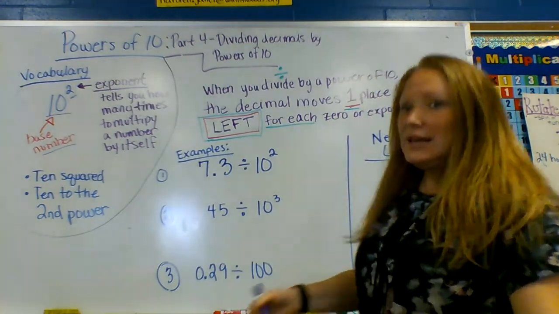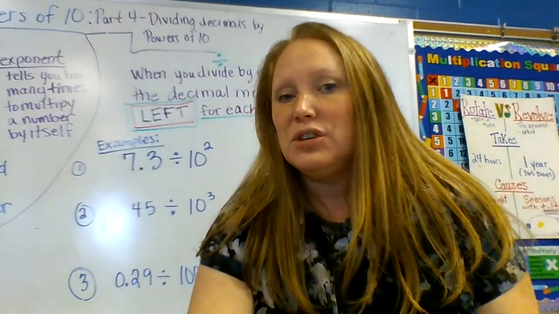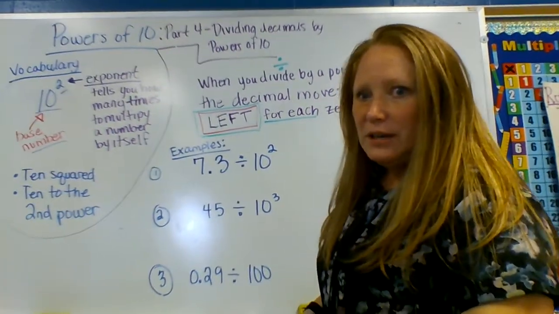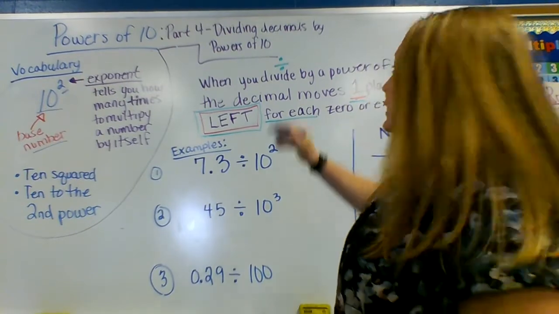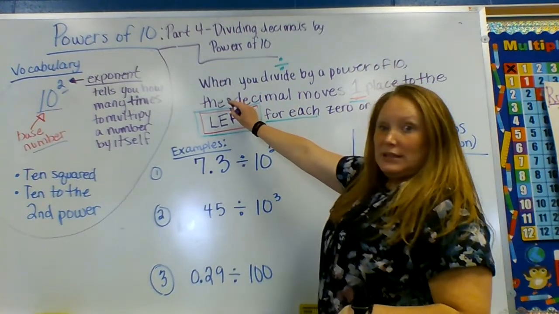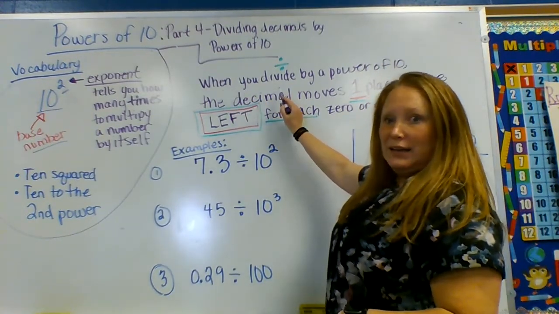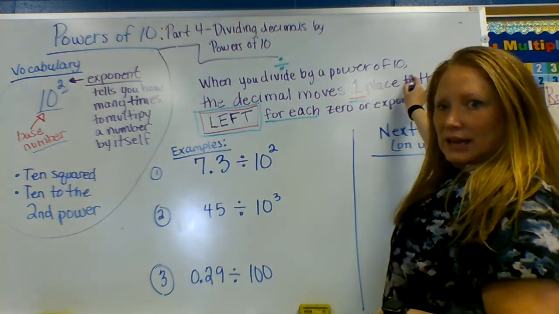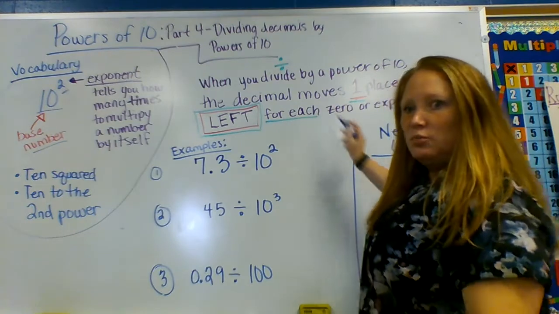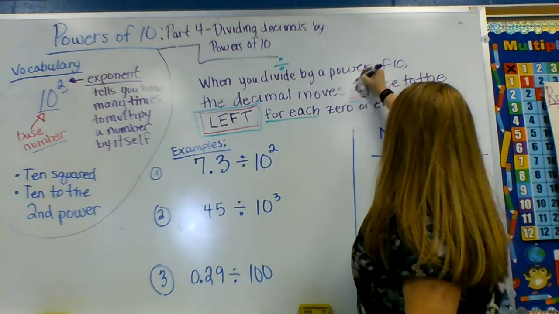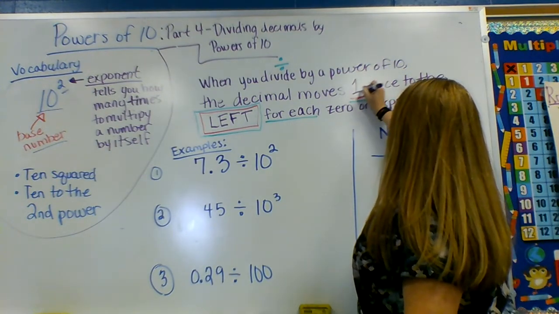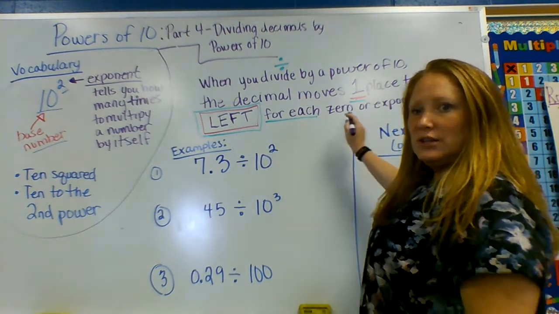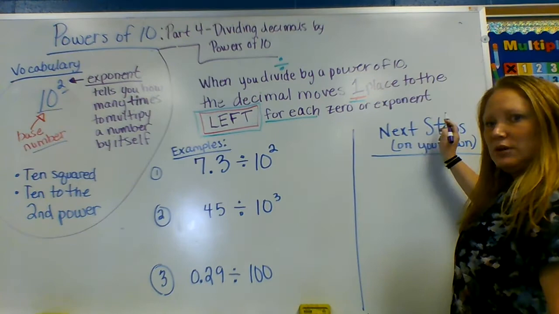So here's the big portion of the notes you need to write down. You ready? Powers of 10, part 4, dividing decimals by powers of 10. Please write this down. When you divide by a power of 10, the decimal moves 1 place to the left for each zero or exponent.